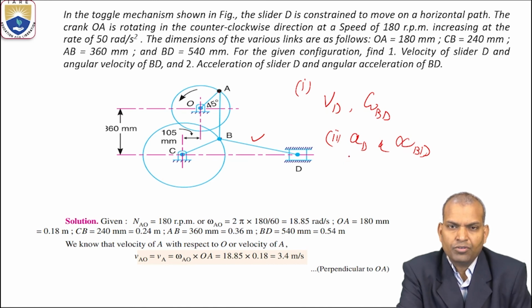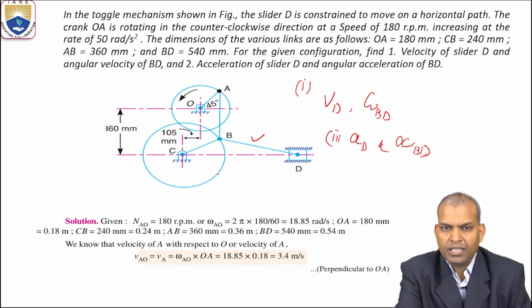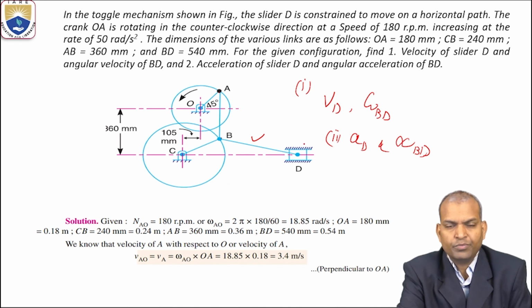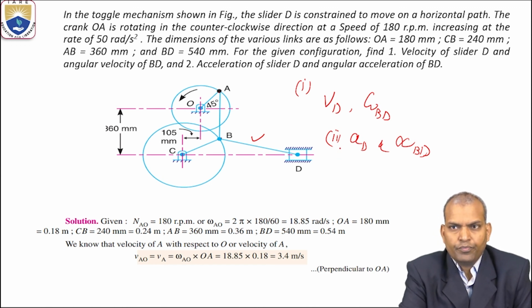So we have to draw both velocity and acceleration diagrams in order to achieve these 2 objectives mentioned in the problem. Here we have to redraw the configuration diagram in our answer script before drawing the velocity and acceleration diagrams. So let us begin.